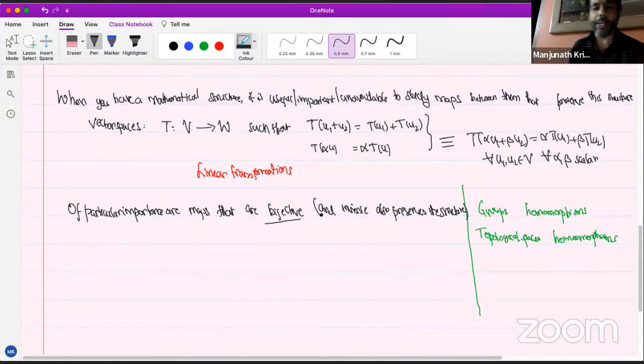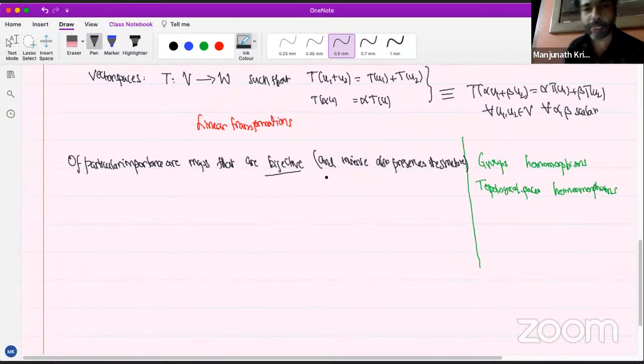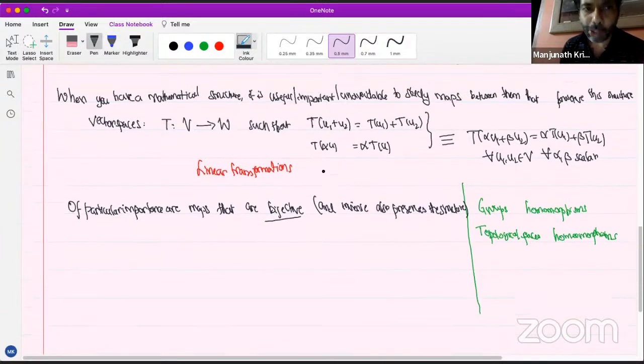Well, I'll write it in brackets because in the case of vector spaces, that is automatic.